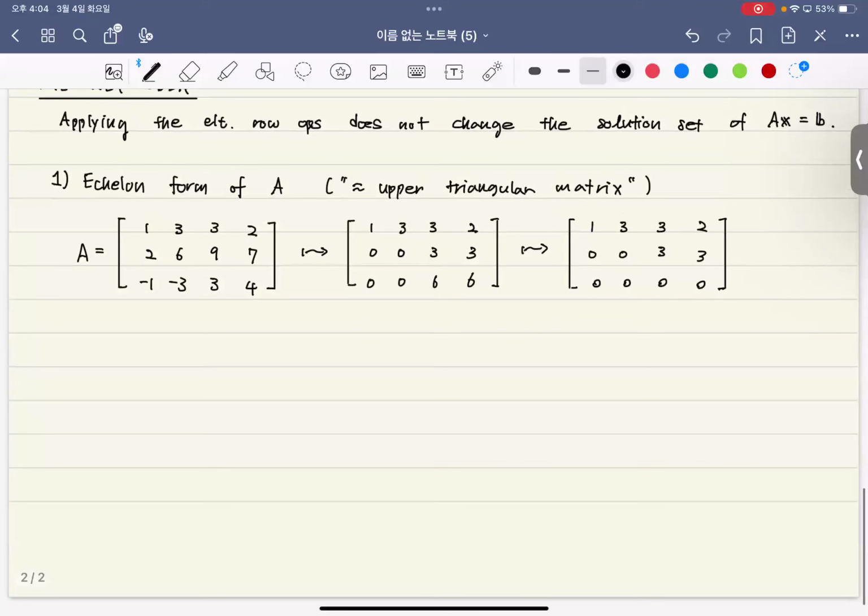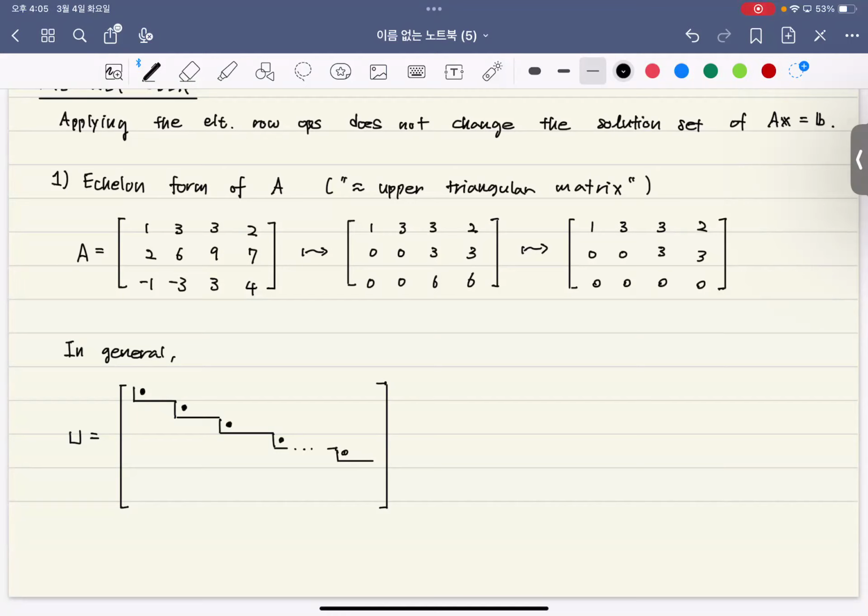Generally speaking, what is an echelon matrix? An echelon matrix is a rectangular matrix version of the upper triangular matrix. Sorry about this cartoonish picture.